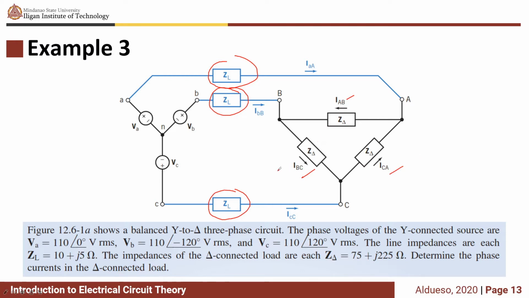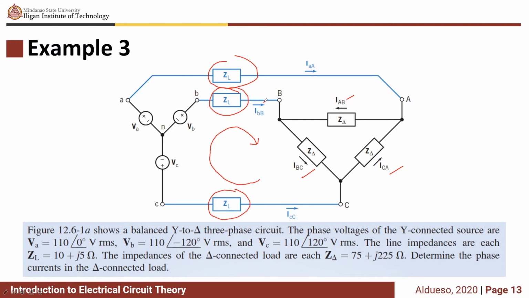So now that we have ZL right here, if we perform KCL right here, for example, like what we did in the first method on the previous example, we will now have multiple unknowns.